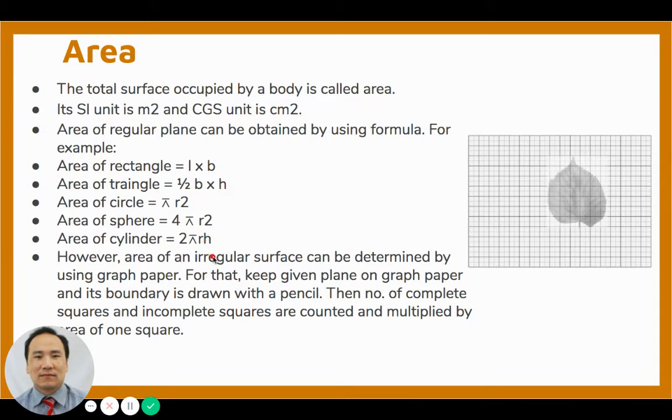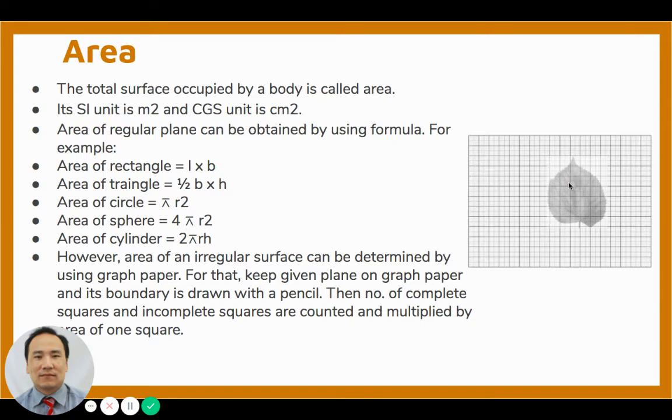To find the area of an irregular surface, we need to take the help of graph paper. For that, keep that irregular surface on the graph paper and draw the outline with a pencil. After that, count the number of complete and incomplete squares and add them all.